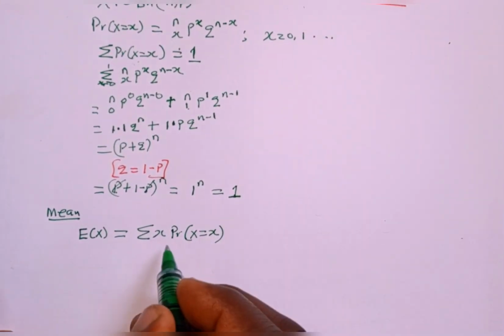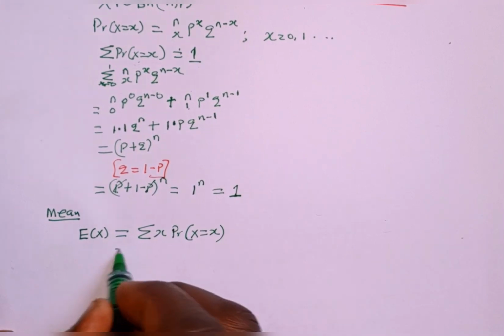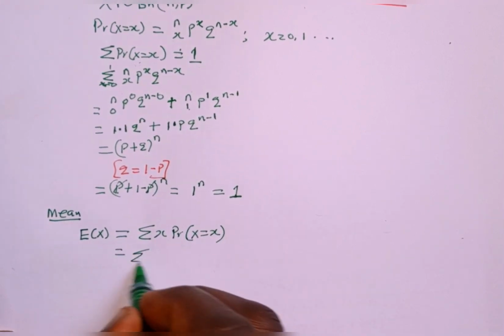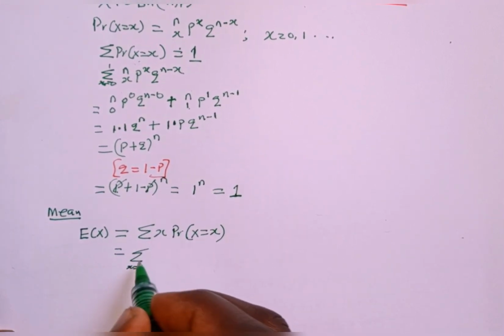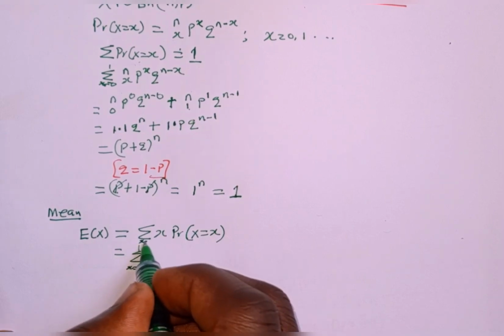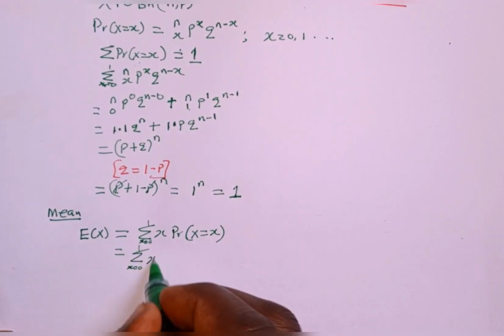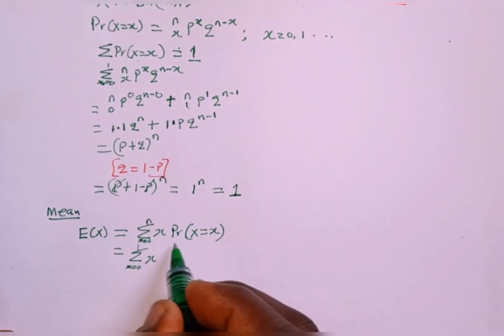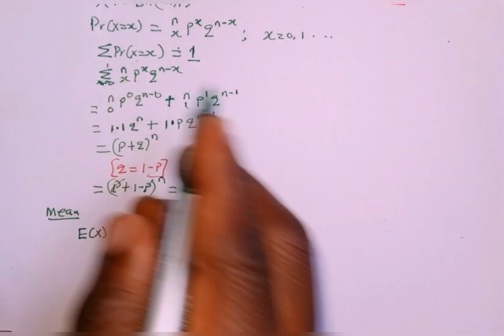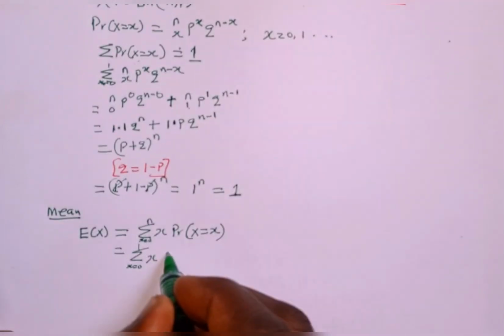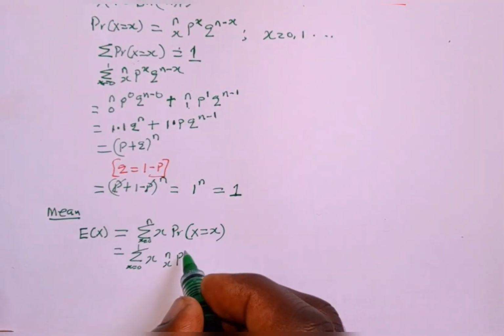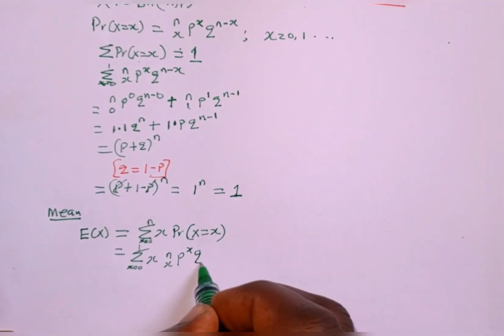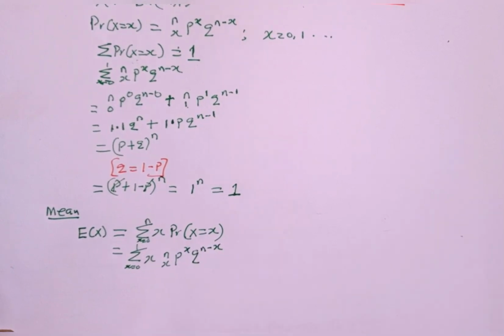Now we're going to substitute into this formula, which is going to be equal to the summation, at x raises from 0 to n, of x times n combination x, p raised to the power of x, q raised to the power of n minus x.